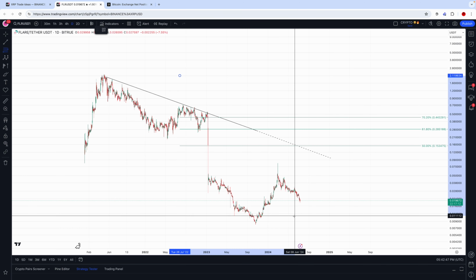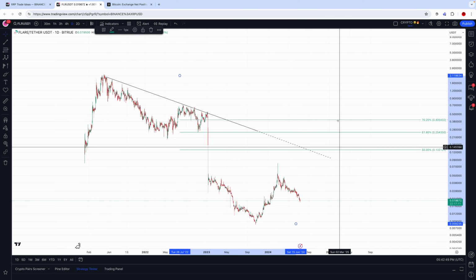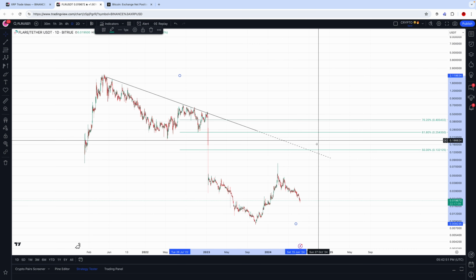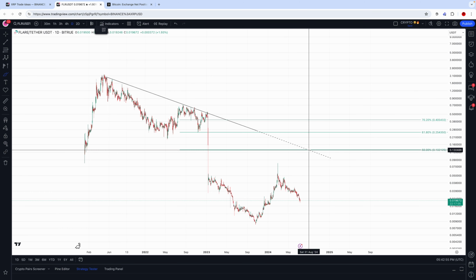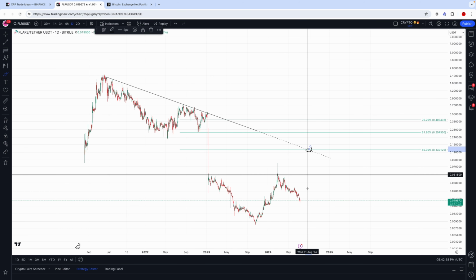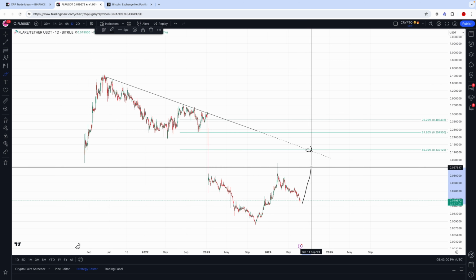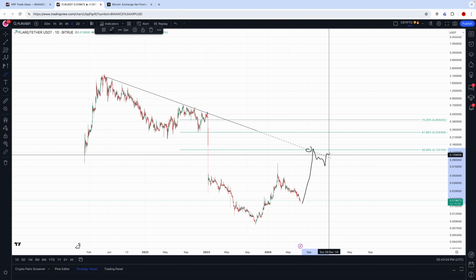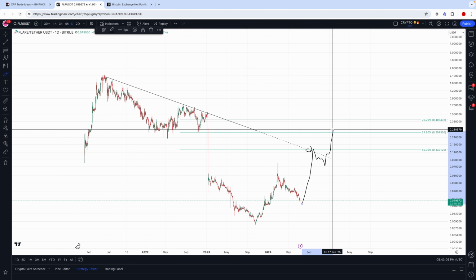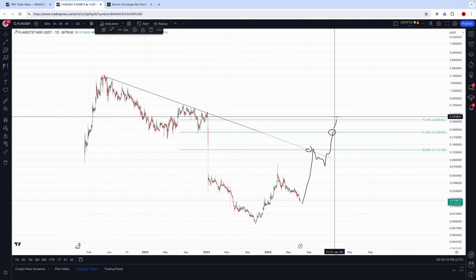So it's likely we'll go ahead and move towards this trend line liquidity and take out and tap the targets that are above it. So yeah, the 50% is right there at the trend line, but I expect it to come up here, have a little bit of a throwback, and then continue up to take out your trend line liquidity towards your 618 and then your 702 over here.